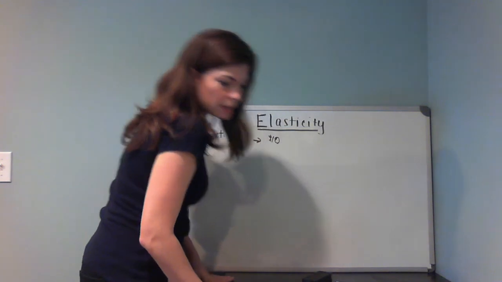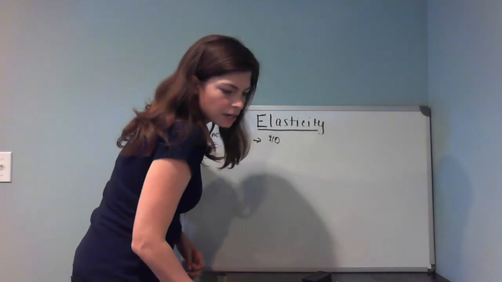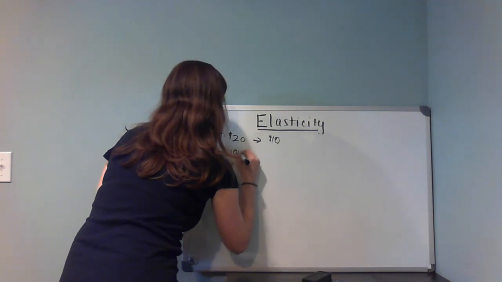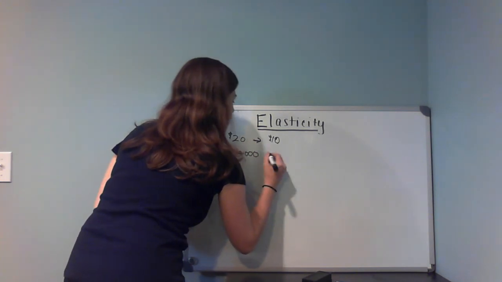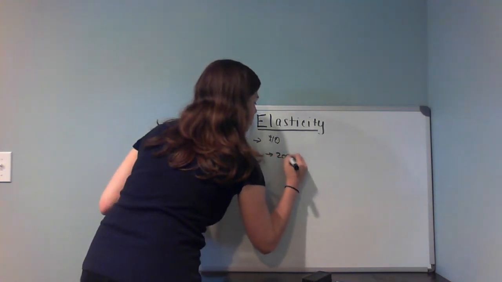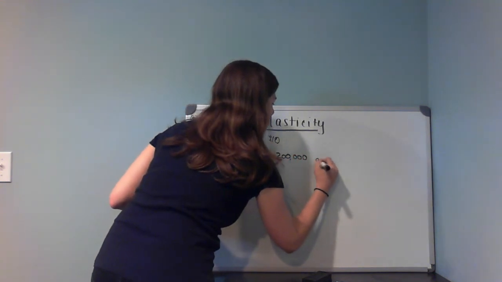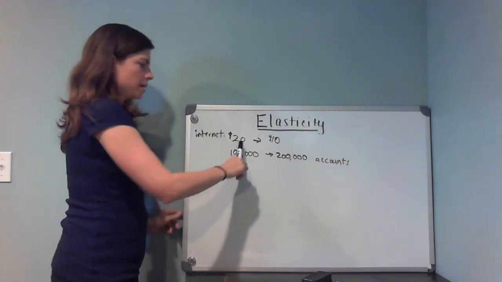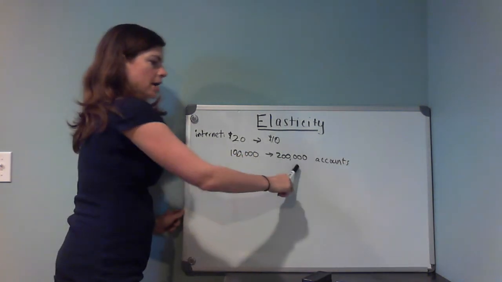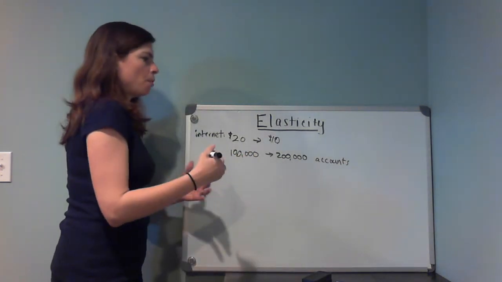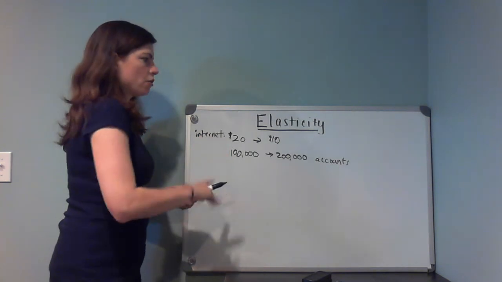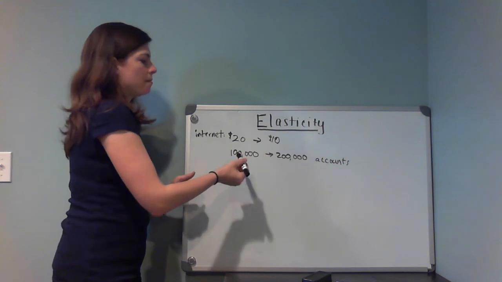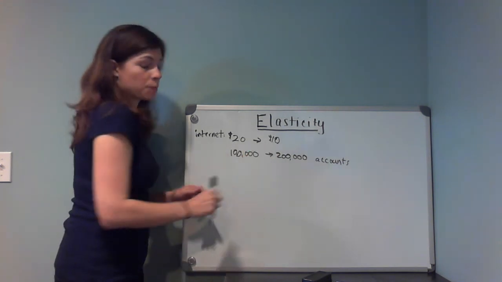And the total quantity of monthly accounts across all internet access providers increases from 100,000 to 200,000 accounts. So we see the law of demand. The price went down, accounts went up. Now we just want to know by how much. What was the relative responsiveness? What was the elasticity of demand in response to this price change?